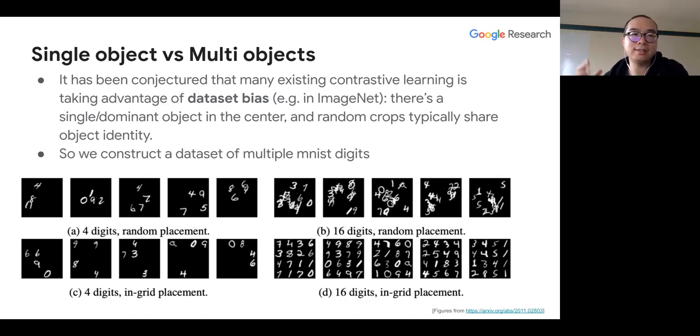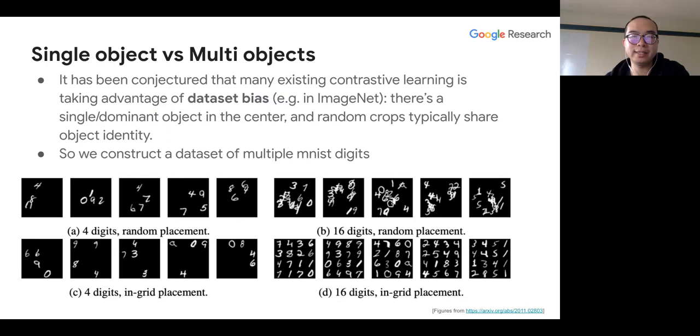The loss defined in contrastive learning is per image: for each image, you augment it and define a loss. So what if you have multiple objects in each image, would they still be able to learn well? I think that's the question that we want to study here.